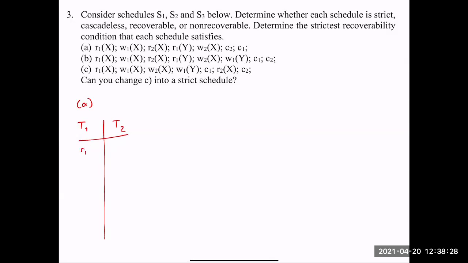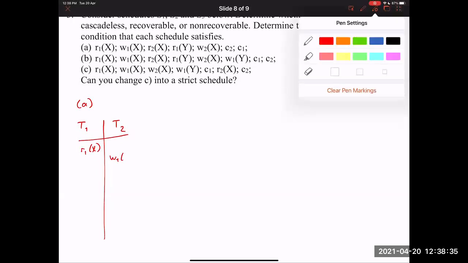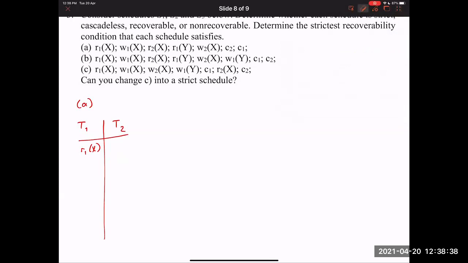And I'm going to first write down the schedule here so we see what's going on. Note that the C2 stands for the commit of transaction 2 and C1 stands for the commit of transaction T1.